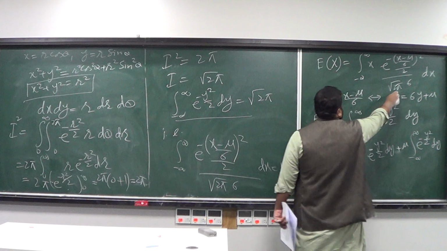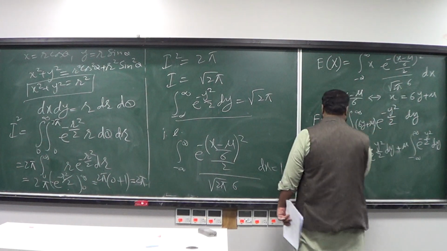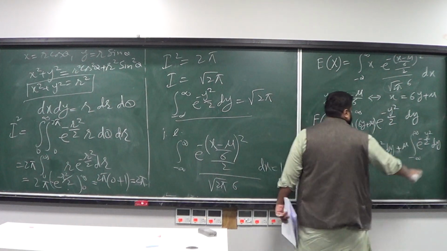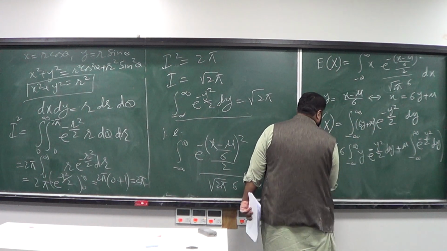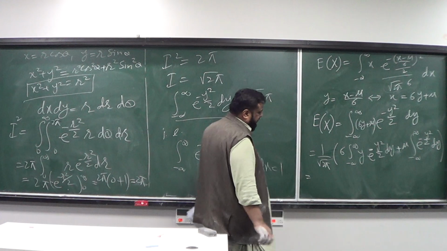Please don't forget that you have this square root of 2 pi as well. So keep this square root of 2 pi here.